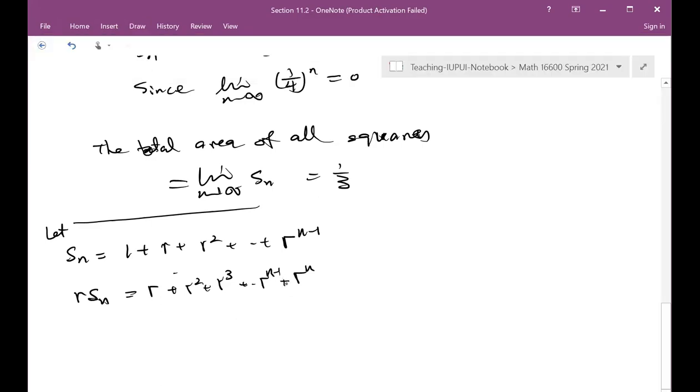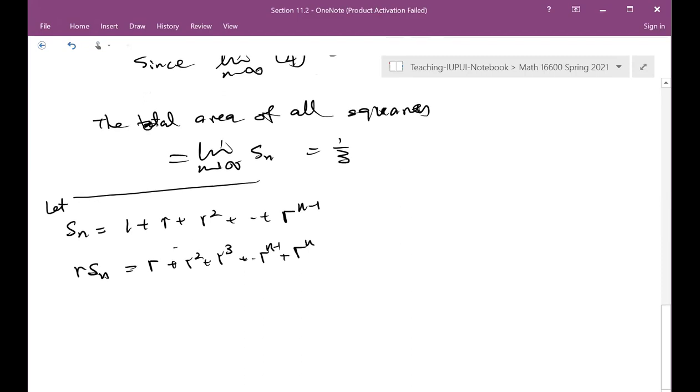So this is a trick. Now you see this is equation 1, and that's equation 2.